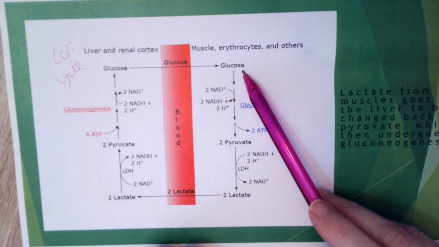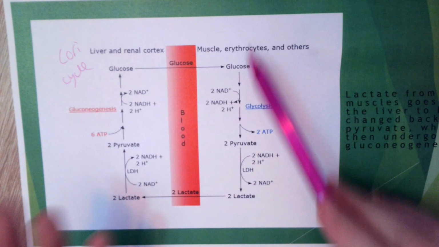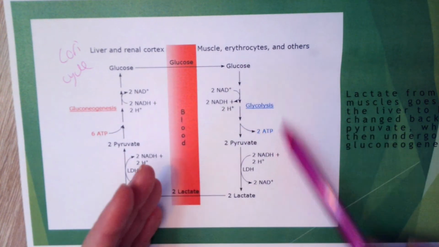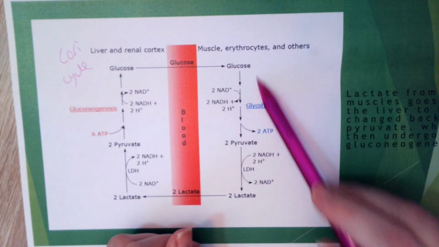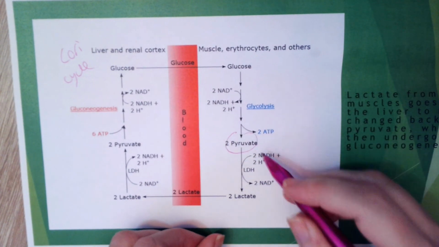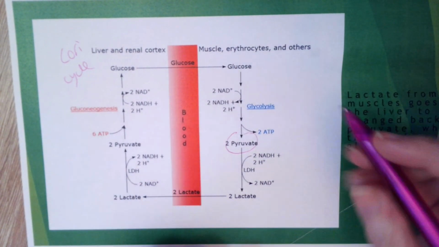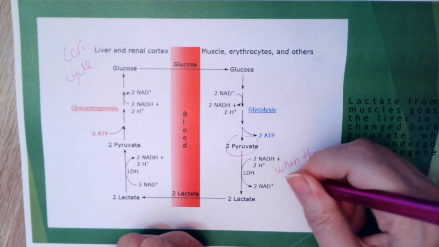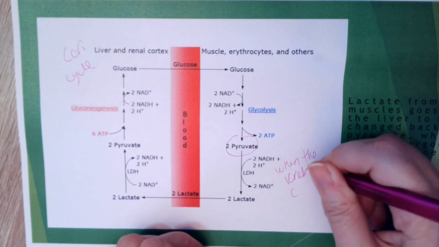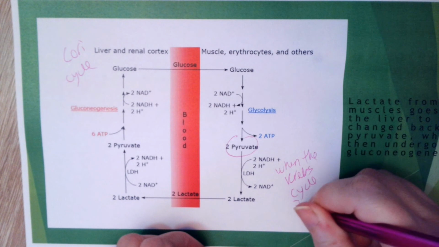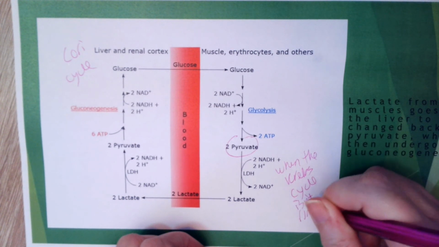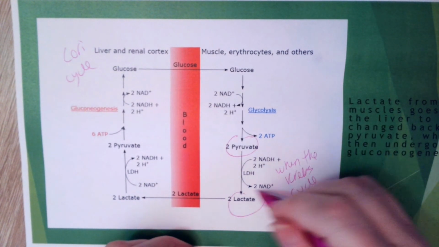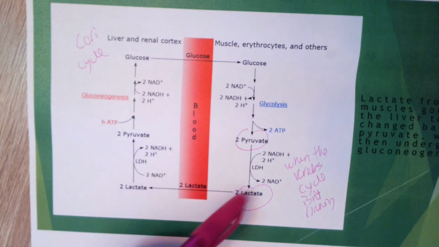So glycolysis happens, right? So we're making our lactic acid here by creating our pyruvate, and then we're not running the Krebs cycle. So when the Krebs cycle isn't running, we end up with lactate.